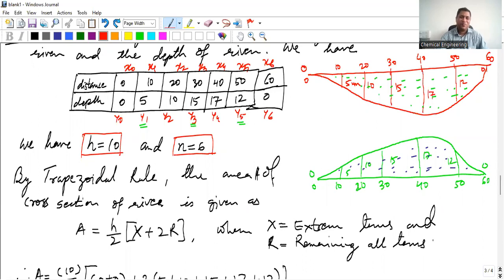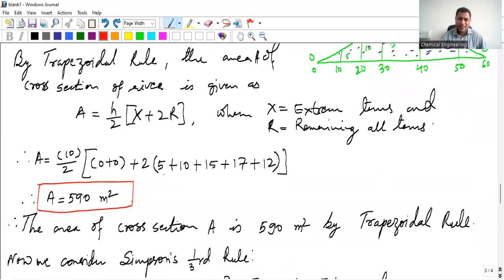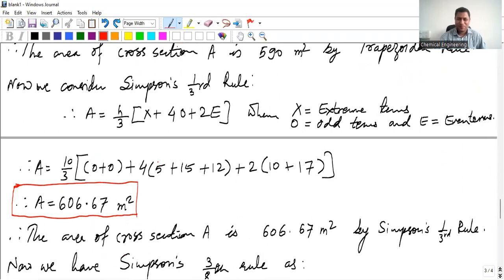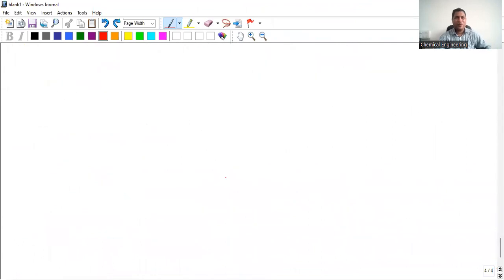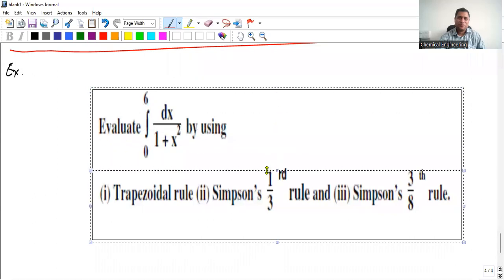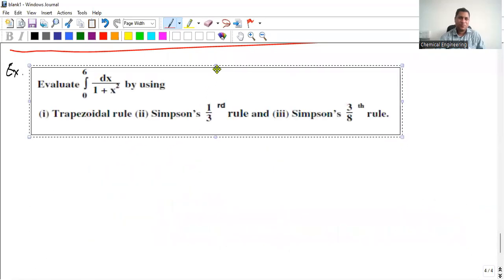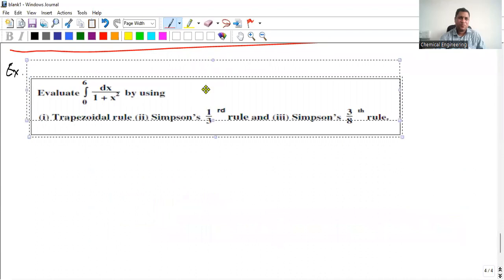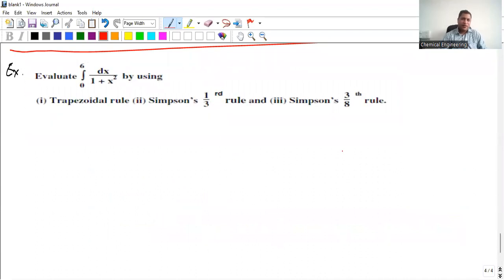Okay, very good. Can we go for the next example? Yes, sir. Okay, so let us go for the next example. Here it is said to evaluate the integral from 0 to 6 of dx upon 1 plus x square by using all these 3 rules.